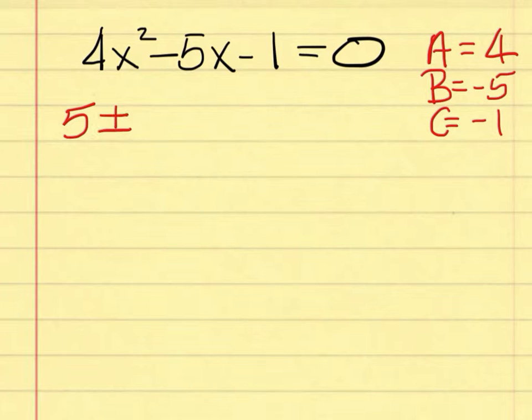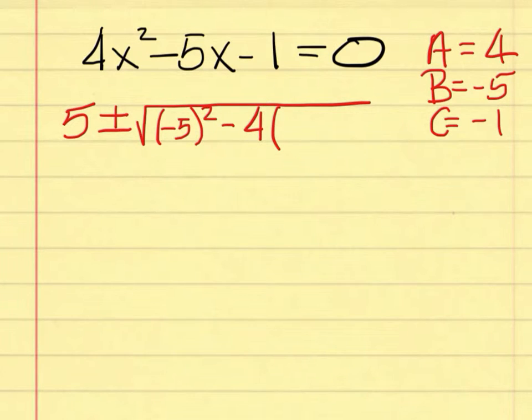So we have 5 plus or minus. And then what is the next thing I write? Darnell. It's your square root sign, and then parentheses, and inside parentheses is negative 5 and squared, and then minus 4, then 4, and negative 1.